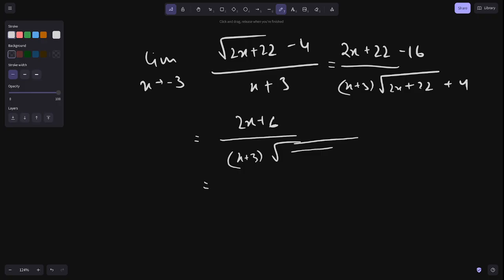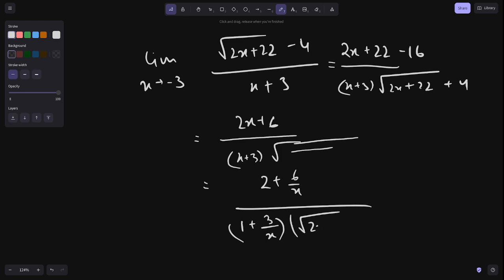Can you still put it? No, you still cannot. So we can divide by x above, so 2 plus 6 by x by 1 plus 3 by x into root of 2x plus 22 plus 4. So this is becoming 0 by 0, right? So you cannot do this.